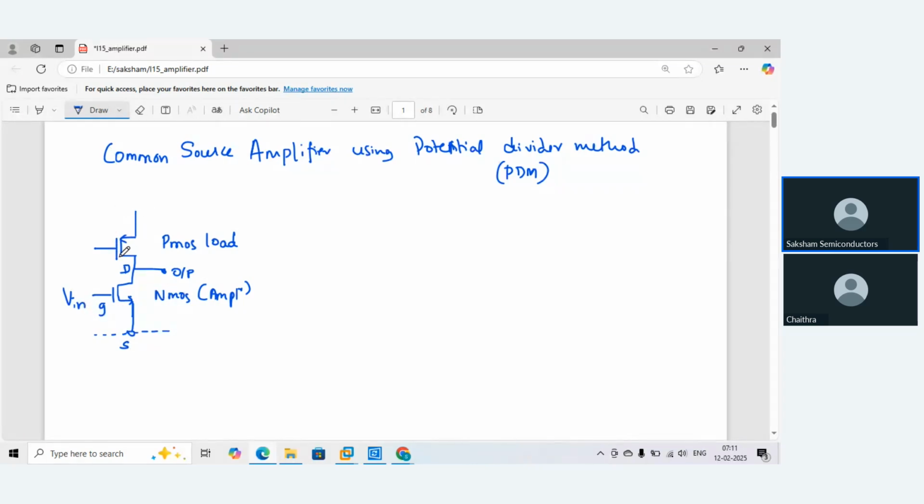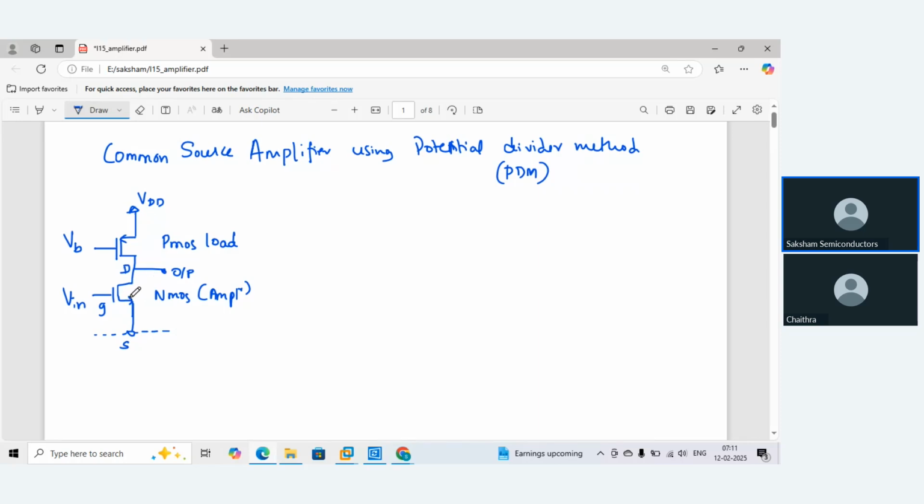And this PMOS here, I'll be using it to ensure that constant current is flowing in my NMOS such that my NMOS is always biased in the saturation region, because we know that for any MOSFET to work as an amplifier, I should ensure that it is in the saturation region. And for that reason, I should bias that MOSFET into the saturation region.